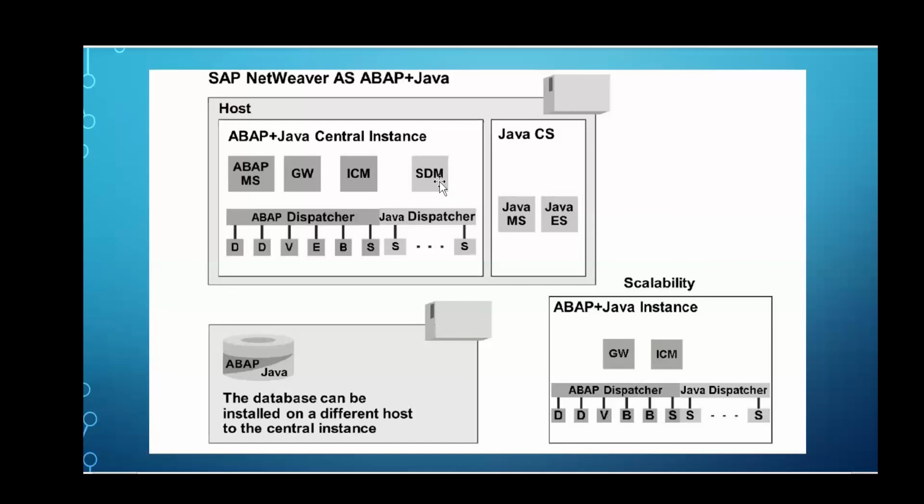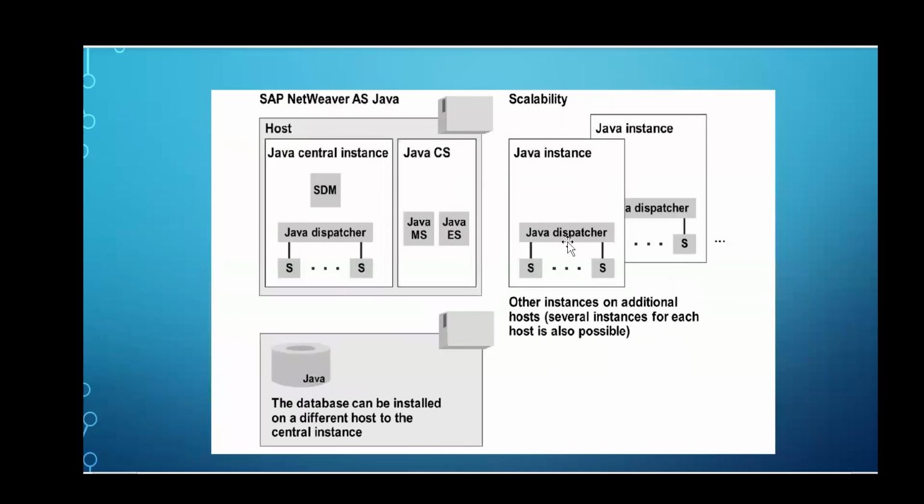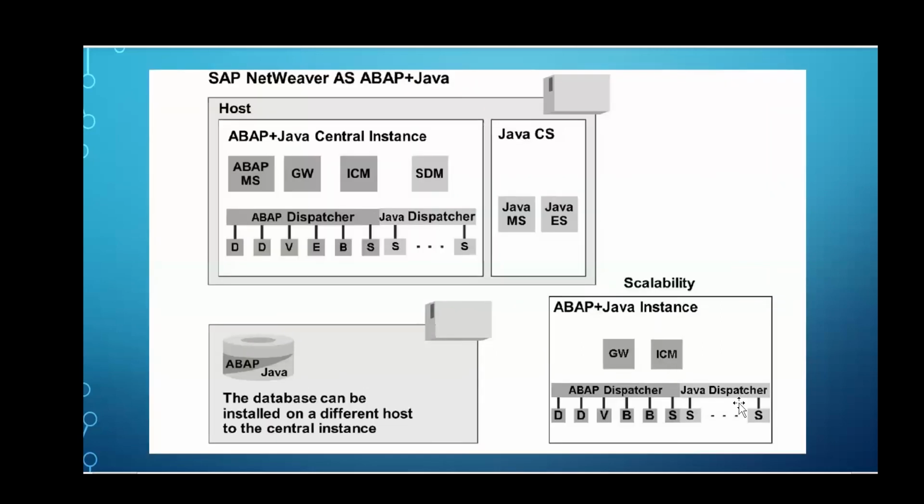Yes, Java instance. Okay, Java instance, fine. So in the Java instance, I have a dispatcher with services. I have a Java dispatcher with services. Still, I don't see any variation here. Agreed? Yes.